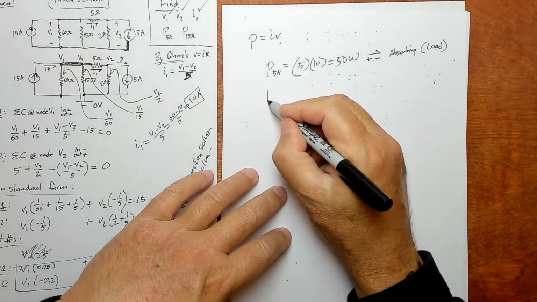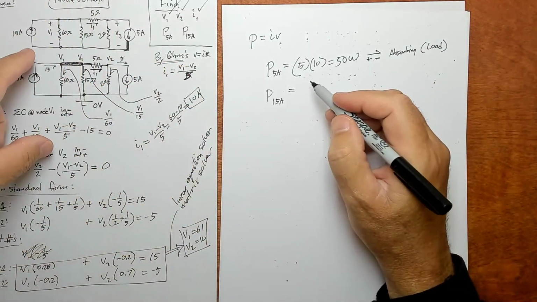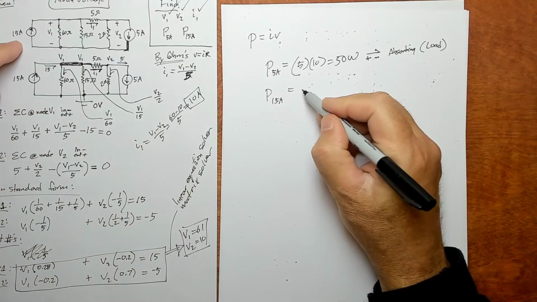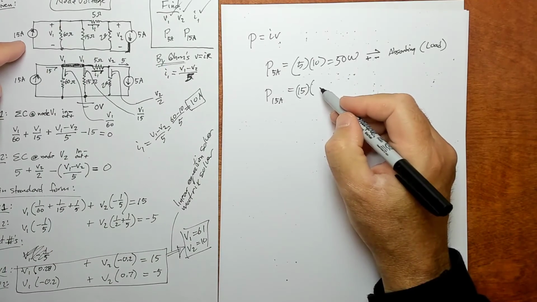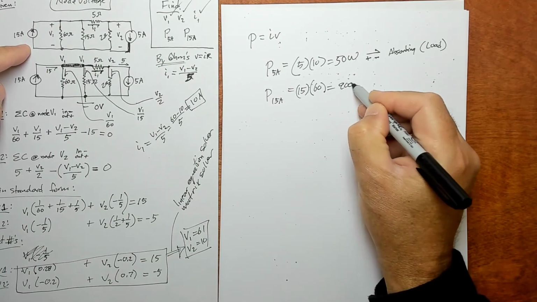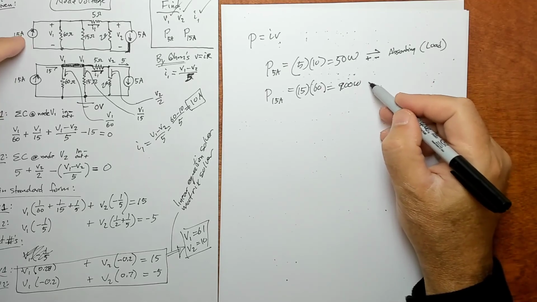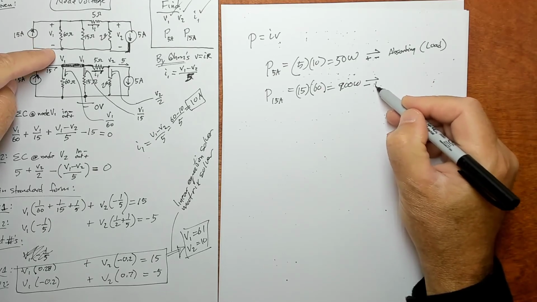All right, and then the power in the 15 amp source must be a source, otherwise we've invented something magical. It's IV, 15 times V1. V1 is 60, so it's 900 watts, and it better be a source. Looking at the current arrow, it comes in at the negative and comes out at the positive.